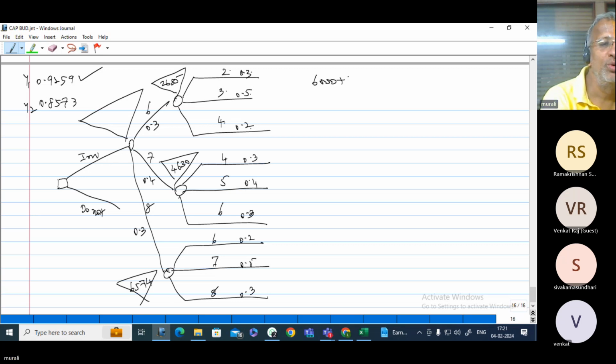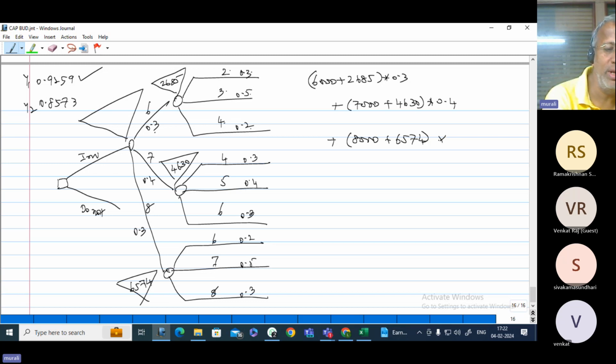6,000 plus 2685 multiplied by 0.3 plus 0.3. Then 7,000 plus 4,630 into 0.4, plus 8,000 plus 6,574 into 0.3.